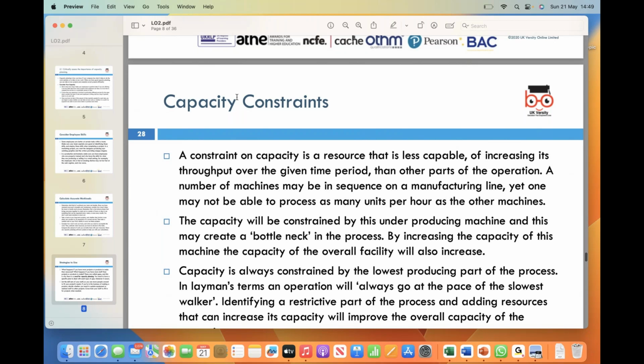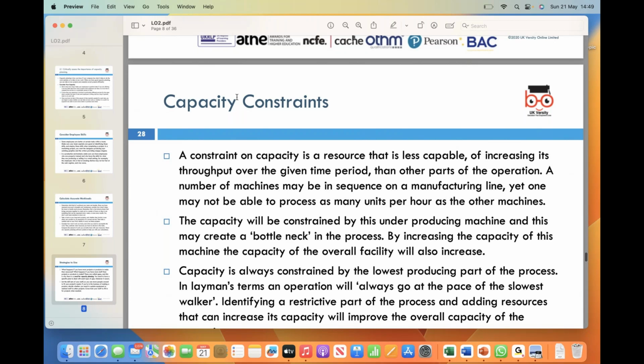While most machines can process a certain number of units per hour, there might be one machine that lags behind, unable to keep up with the same pace. This under-producing machine becomes a bottleneck in the process. The capacity of the entire facility is limited by the output of this machine.